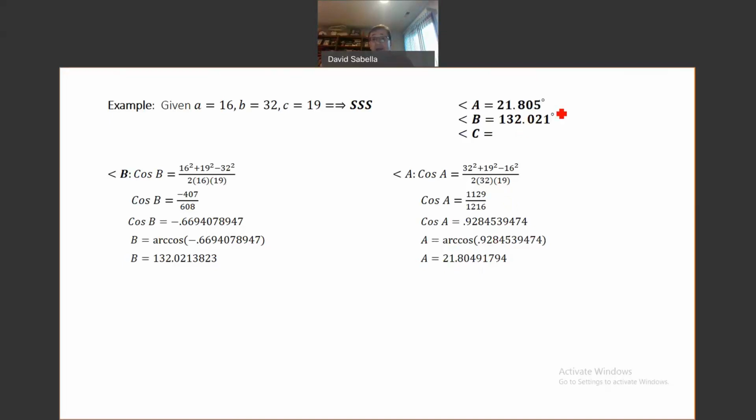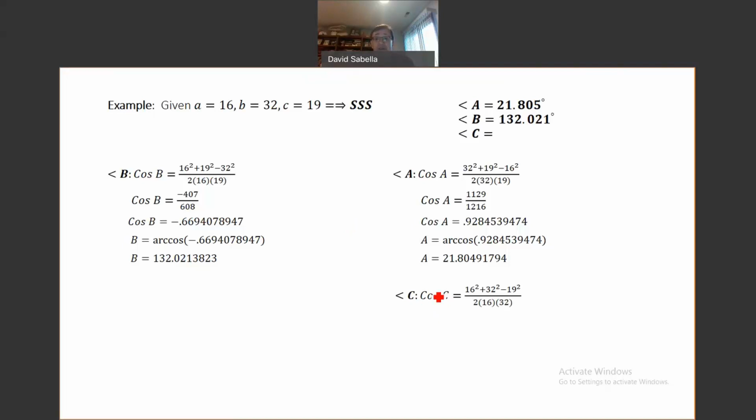I round it to 3 decimal places, and you'll notice when I do that, angle A is 21.805 degrees. And you'll notice one thing I don't do is, when I have 2 angles, I don't then just add up the 2 and subtract from 180, because that does introduce a margin of error. So I use the law of cosines again for the third angle.